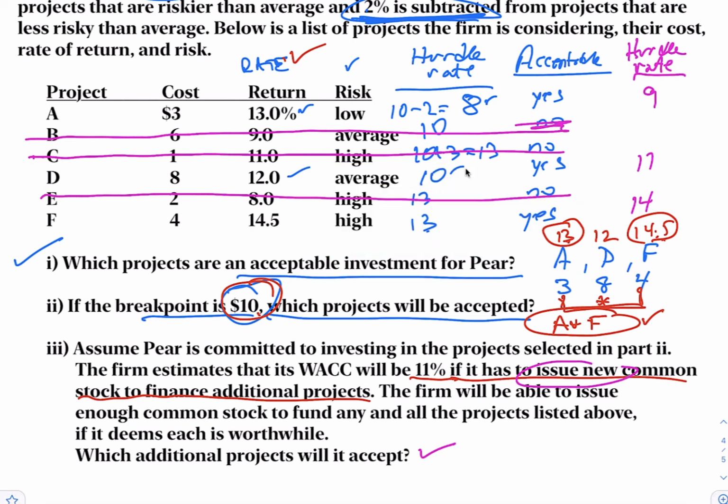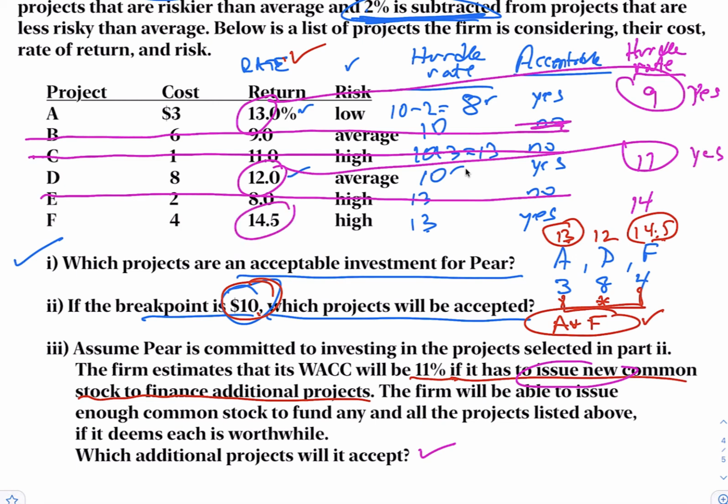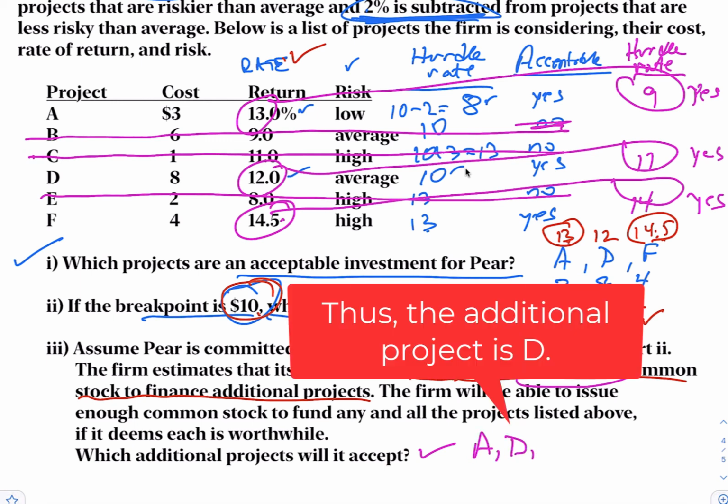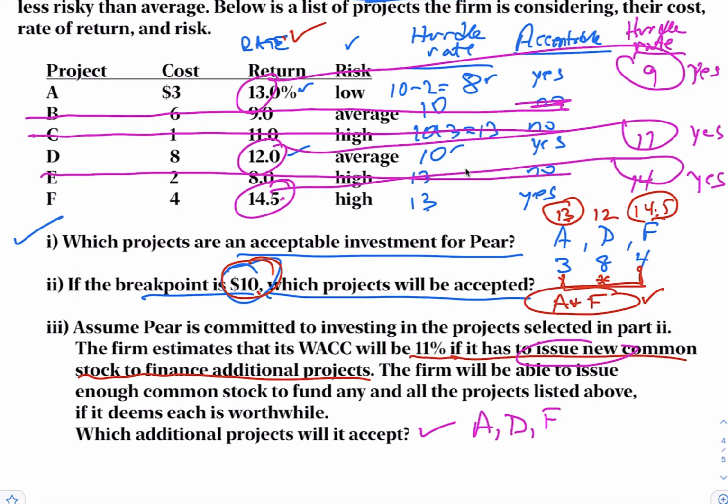So now, which project should it accept? Well, let's see. 13 is higher than the 9. Yes. Let's see. 12 is higher than 11. Yes. 14 and a half is higher than 14, so that's a yes. So if the firm is going to issue new common stock, it's going to invest in A, D, and F. And it's going to have a total cost of 3, 8, and 4.